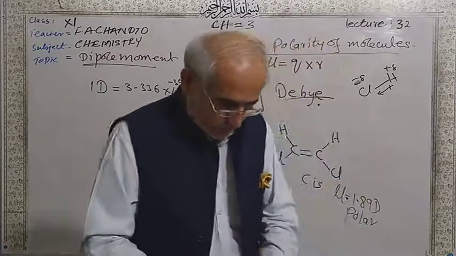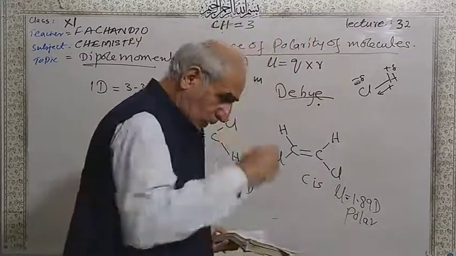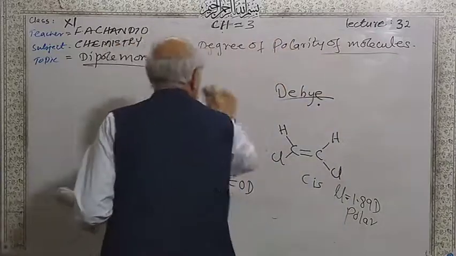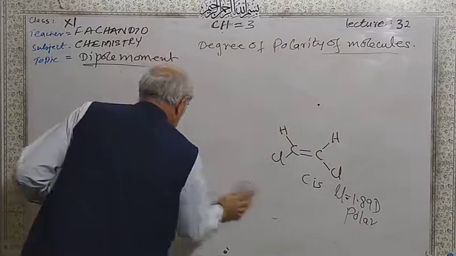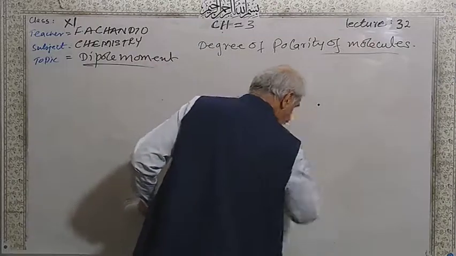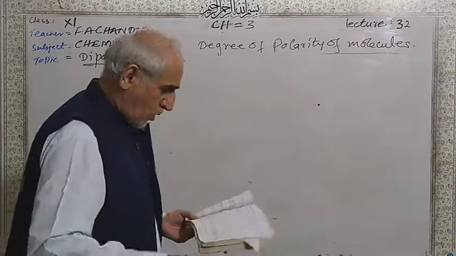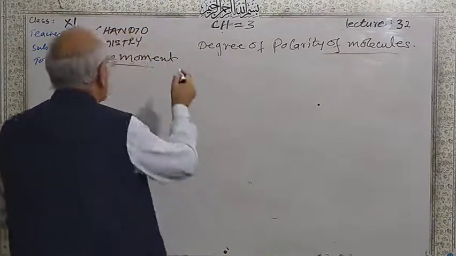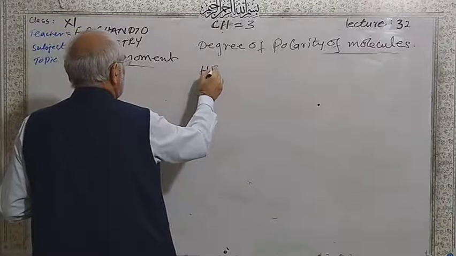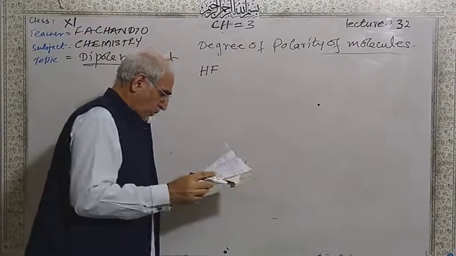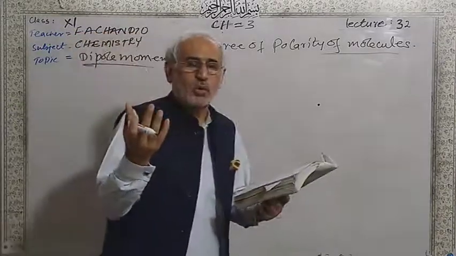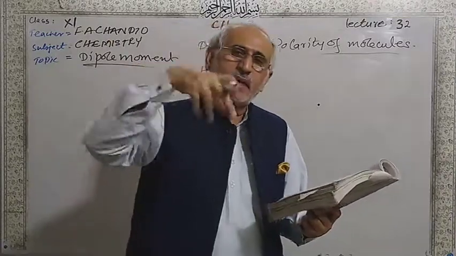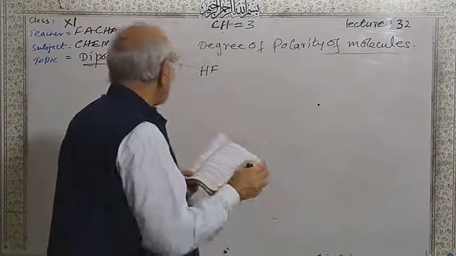An example is given. Hydrogen fluoride has two dipoles. One is observed, meaning practical, and the other is calculated.